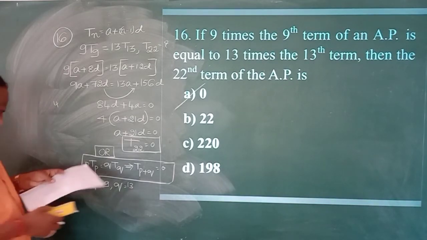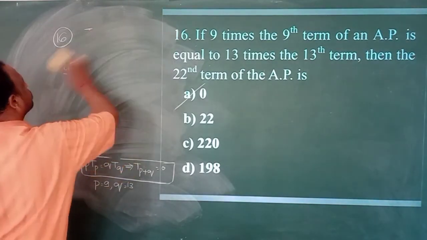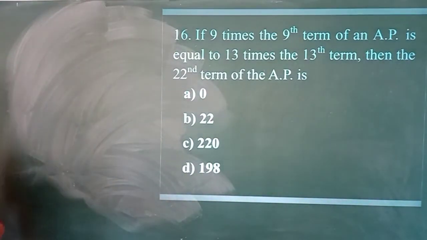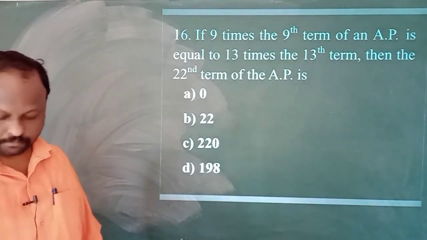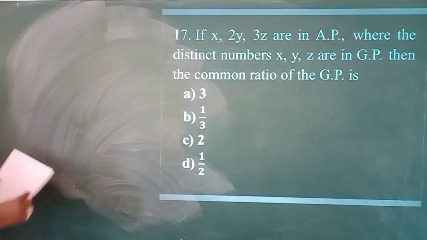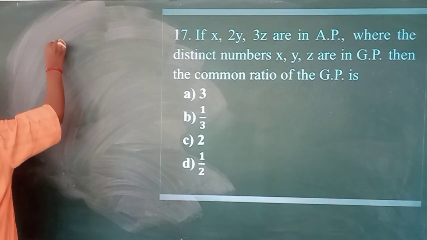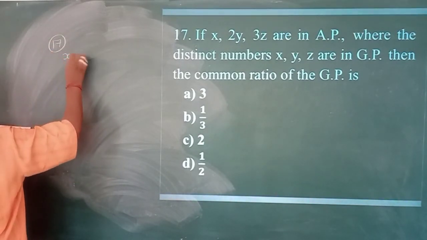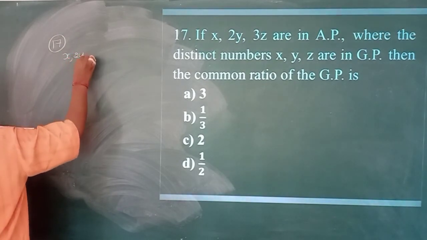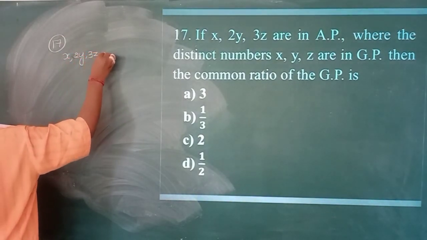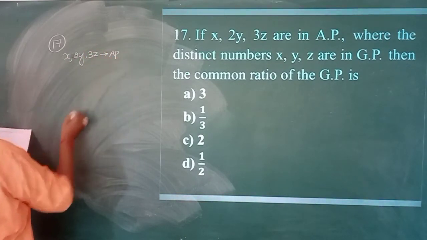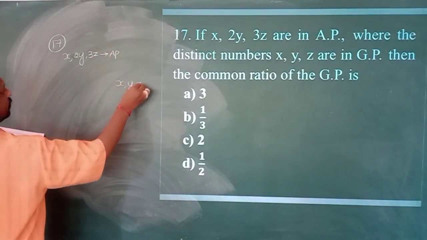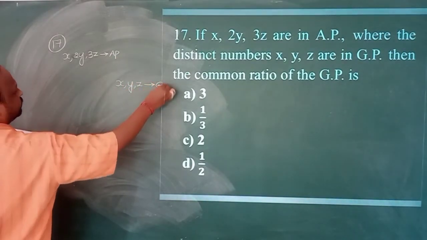Seventeenth one. x, 2y, 3z are in AP and x, y, z are in GP.